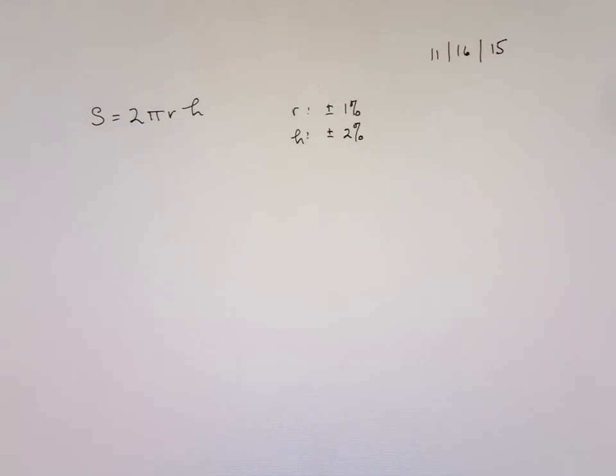Those are the errors in the measurements of r and h. What we want to do is calculate the propagated error, the error that's propagated through the calculated surface area of this right circular cylinder.